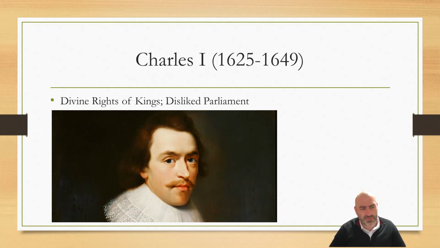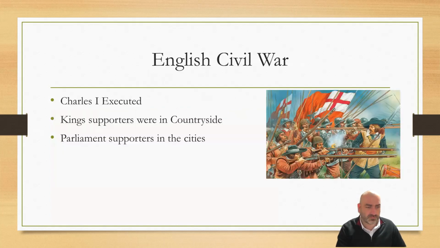It was during this time that England was deeply in debt, and Charles's method for raising money for his kingdom angered many people. Eventually, Charles's way of leading without a parliament, a government, led to open revolt.